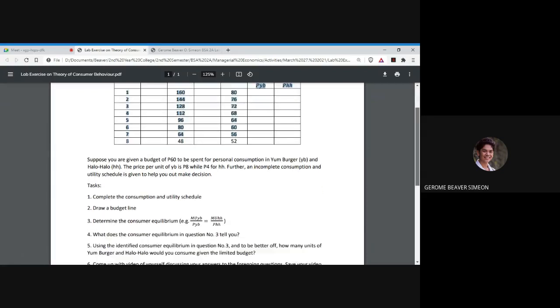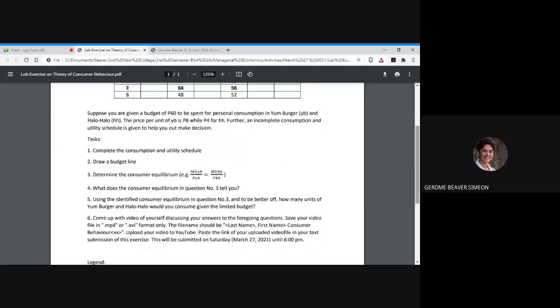So the tasks or requirements needed are the utility schedule, the budget line, the equilibrium. What does the equilibrium tell us? And given our answer on question number 3, what is the mix for Yum Burger and Halo Halo?